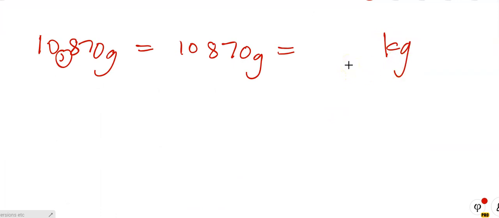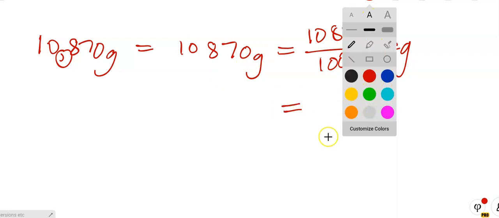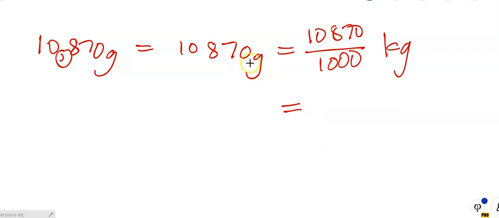So you must first see whether it's going from small to big. So do we multiply or we divide? We're going from a small into bigger, so we must divide. Divide by how much? Divide by 1,000. So it will be 10,870 divided by 1,000, which just means the decimal point is sitting over there.